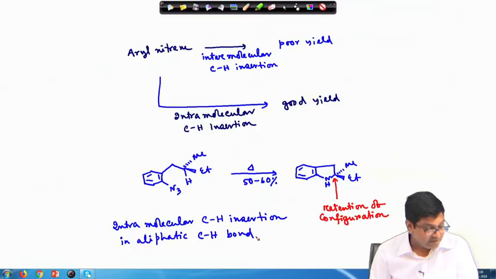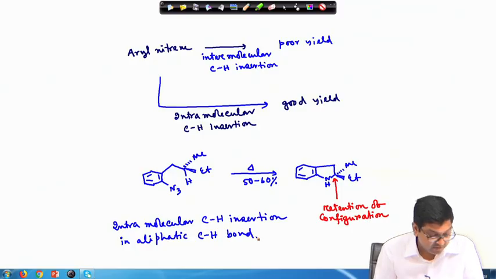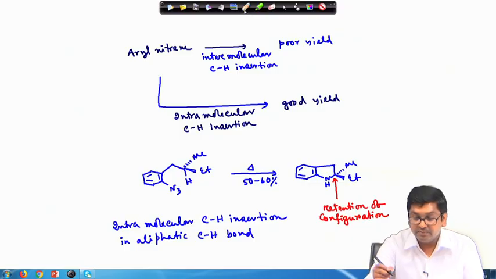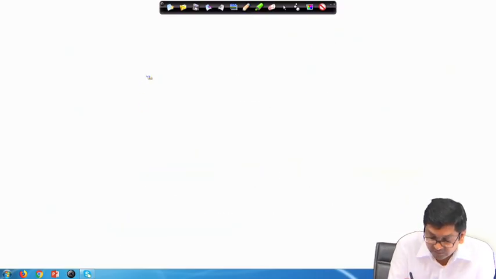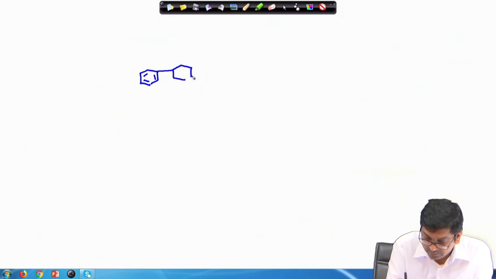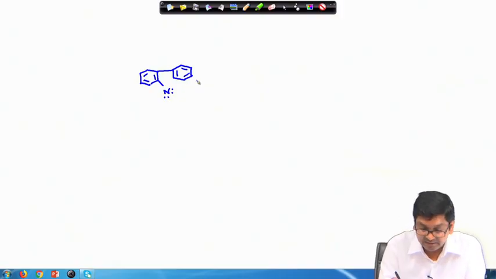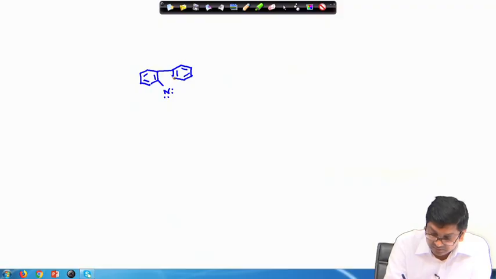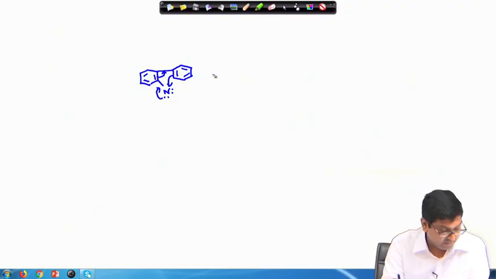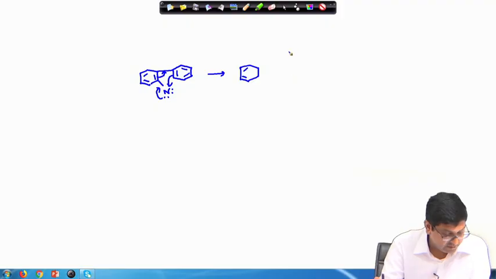Okay. Now, we will see some intramolecular insertions of nitrene into an aromatic carbon hydrogen bond. As per example, if we take these substrates, this biaryl nitrene, in that case this can react in this way and will give this intermediate.